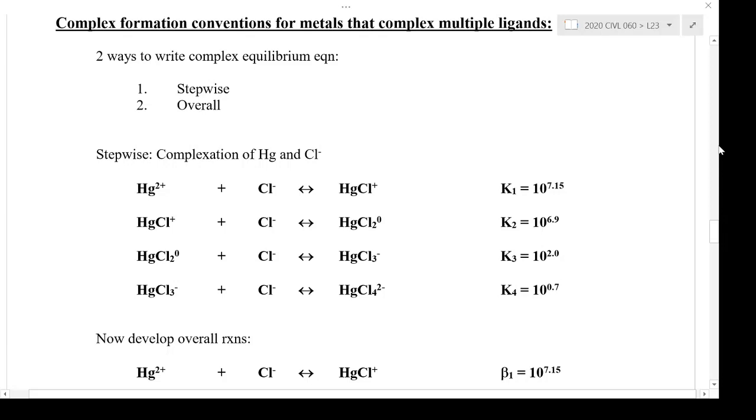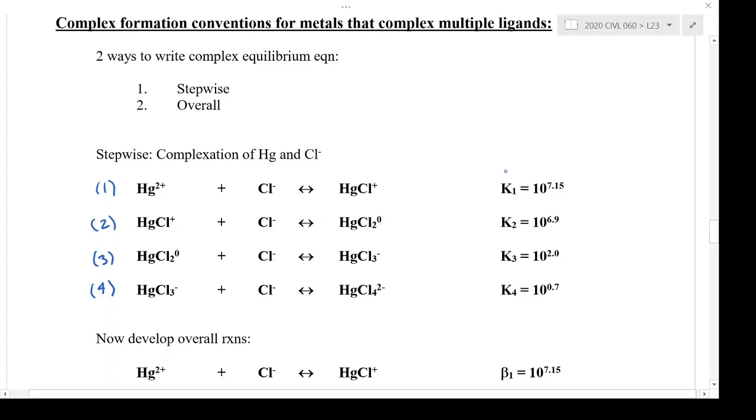So here are the stepwise reactions, and I'm going to label these 1, 2, 3, 4. In each reaction, mercury is reacting with a single ligand, or chloride, and forming a complex. So free mercury reacts with a chloride and forms the first complex. That first complex reacts with another chloride and forms a subsequent complex, HgCl2, and so on.